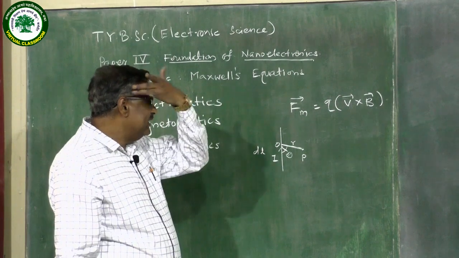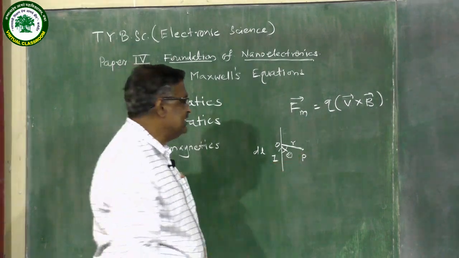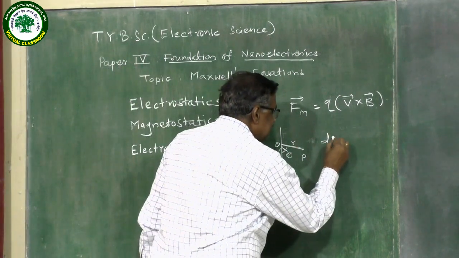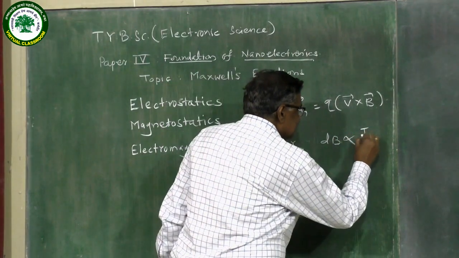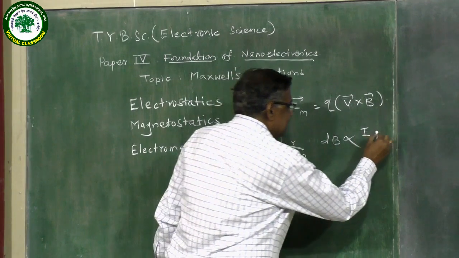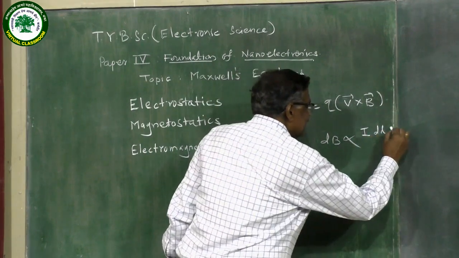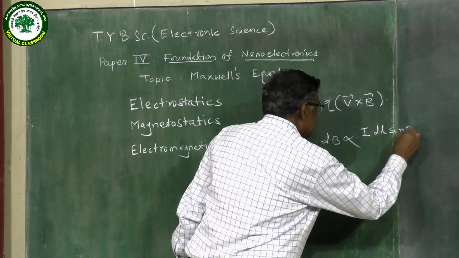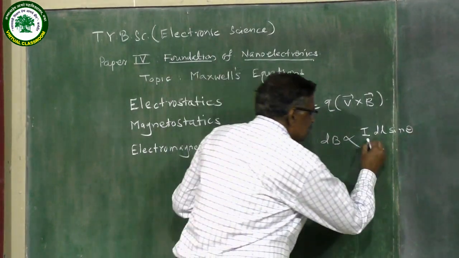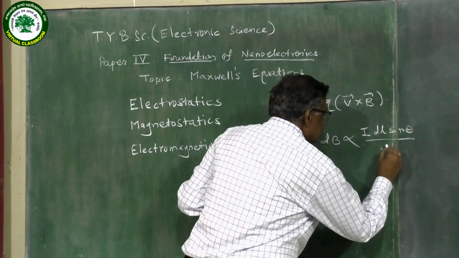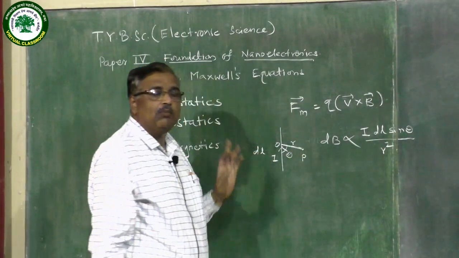Then the magnetic induction at point P, according to the Biot-Savart law, is that dB is proportional to I, the current flowing through the current element, then dl, the length of the current element, and the sine of the angle theta made by OP with the current element, and inversely proportional to the square of the distance of point P from the current element.